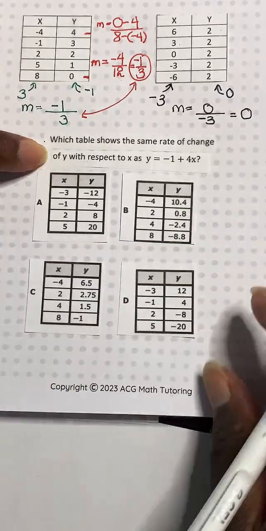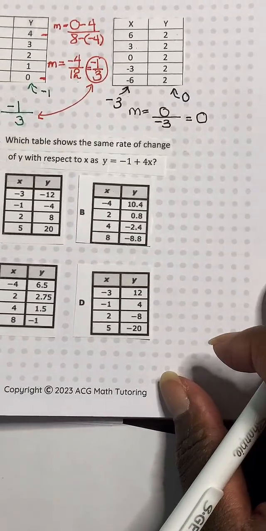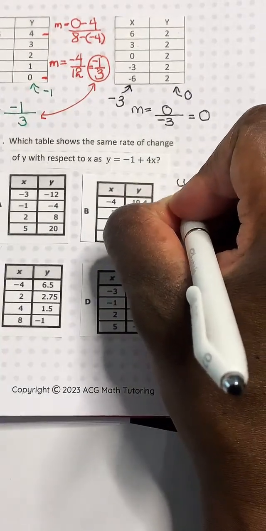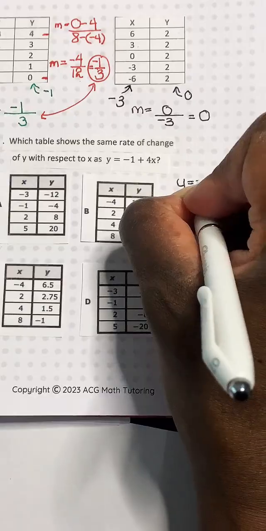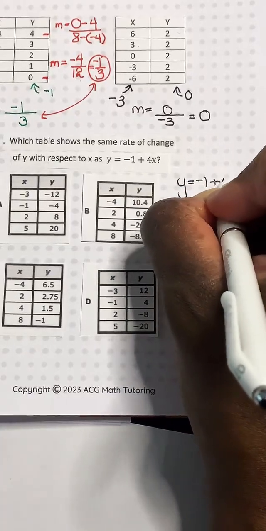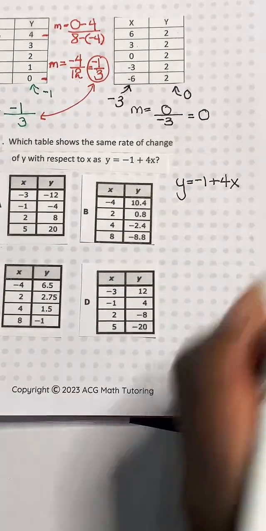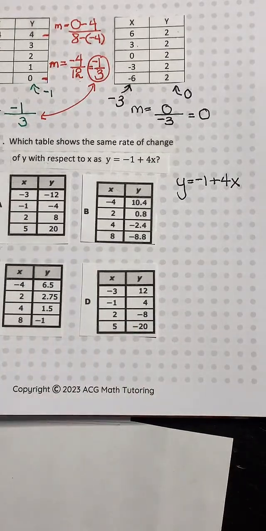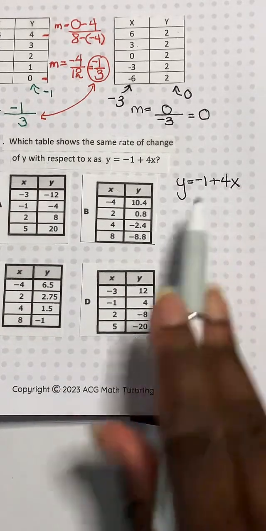We haven't talked about the equation of the line yet, but basically we're looking at this formula, y equals negative 1 plus 4x. How can I tell which one of these 4 tables is going to be connected to that equation?